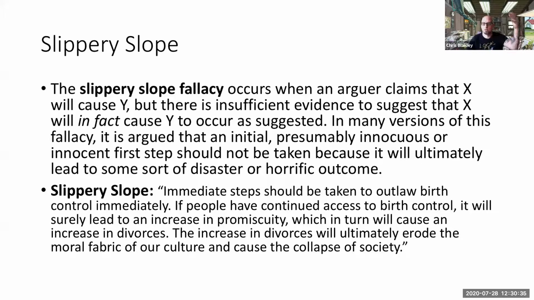So birth control, collapse of society, where there's a long causal chain of events, where taking that initial step, having access to birth control, where there's not enough evidence to suggest that that will lead to increases in promiscuity and then increases in divorce and then the erosion of our moral fabric and then the collapse of society.